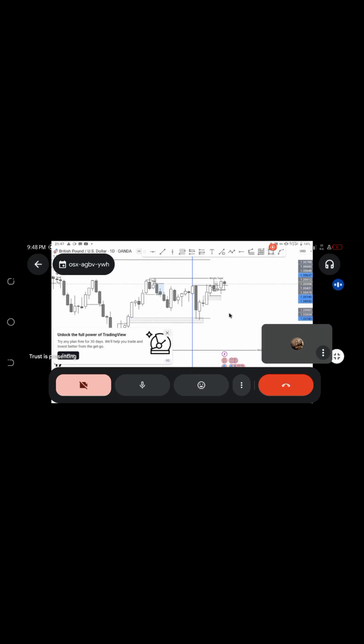So we mark out 50% of the range. You take this and then you mark from here to this point. You can see it, right? The range.